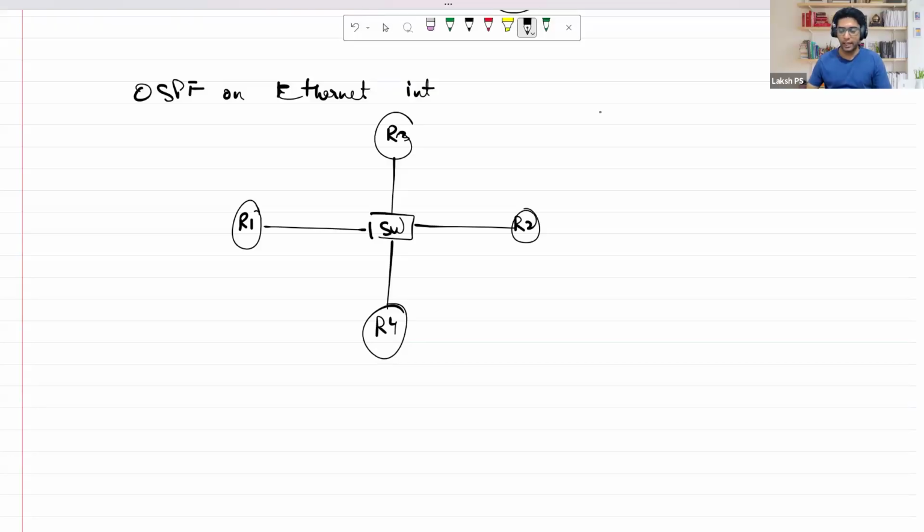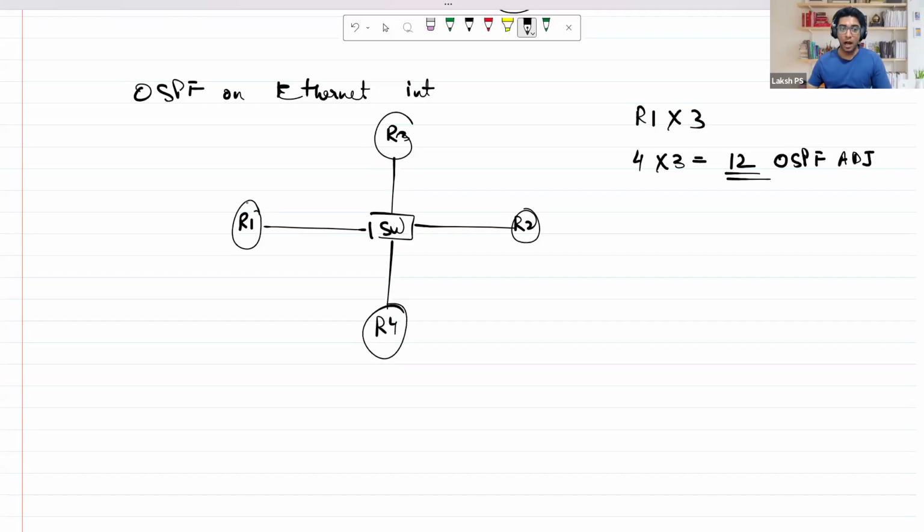So over here, as I just explained, R1 is going to have adjacency with three routers, that is R2, R3, and R4. Similarly, there are four routers, they will have three adjacencies each, thereby having 12 adjacencies. In total, there will be 12 OSPF adjacencies. Right? Now, this is not a problem.